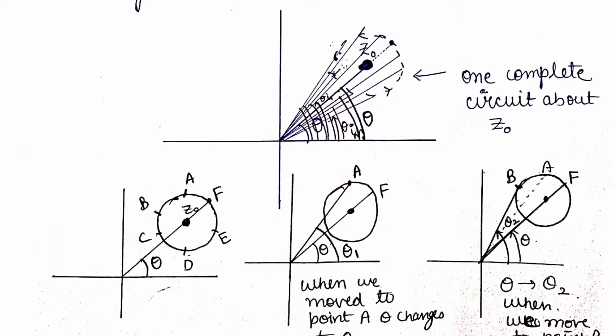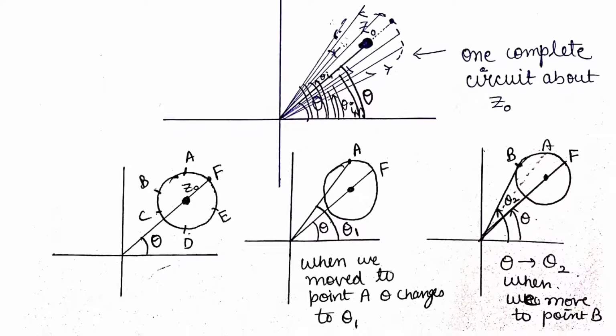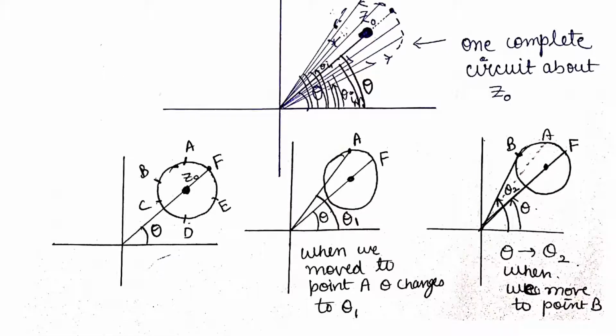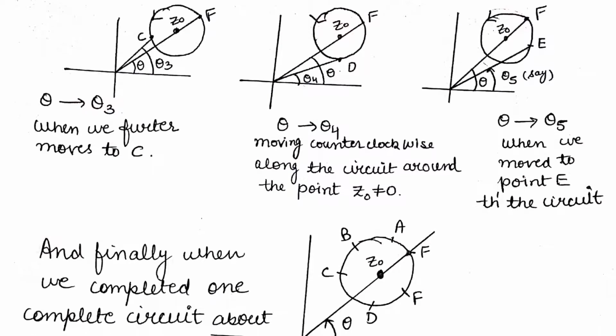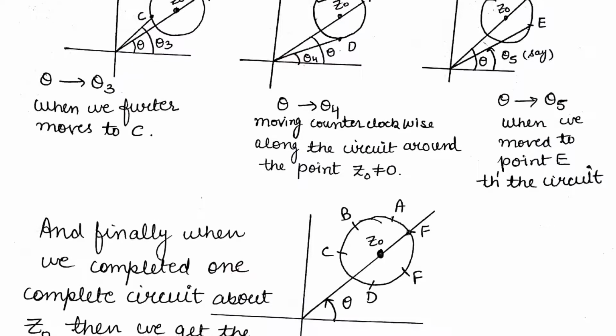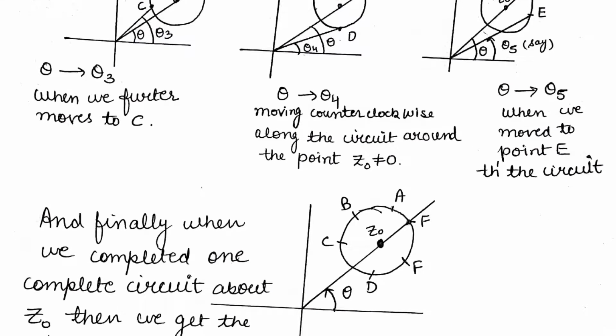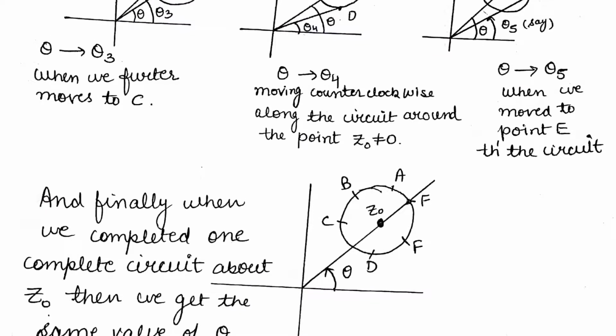After that, when you move to point B, the angle changes to theta 2. And similarly, when you move through the points C, D and E, the angle changes to theta 3, theta 4 and theta 5 respectively.